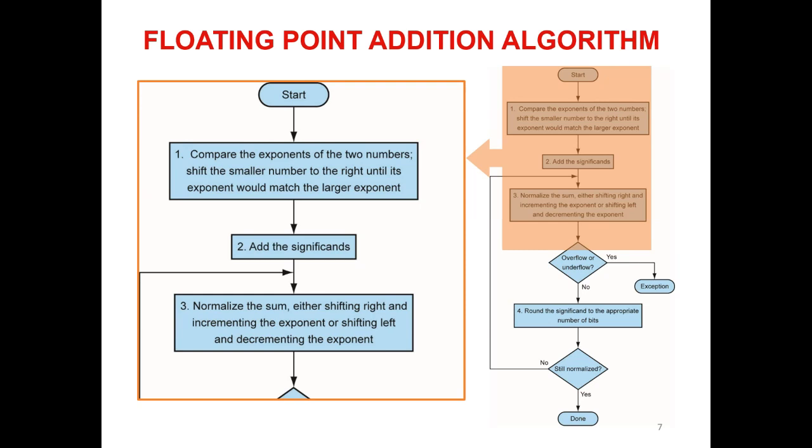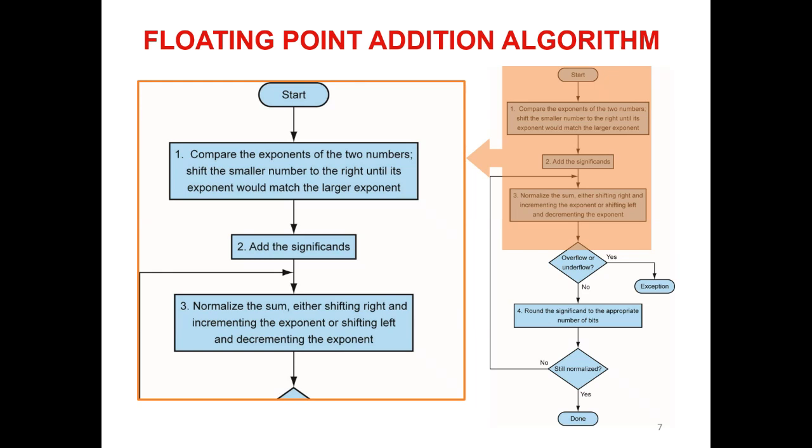So we start. The first thing we have done is comparing the exponents and making the smaller one match the greater one. It's saying exactly that: we compare the exponents of the two numbers we are going to add and adapt the smaller one until it matches the larger one.